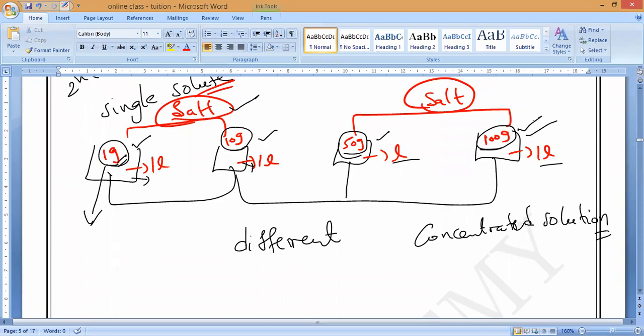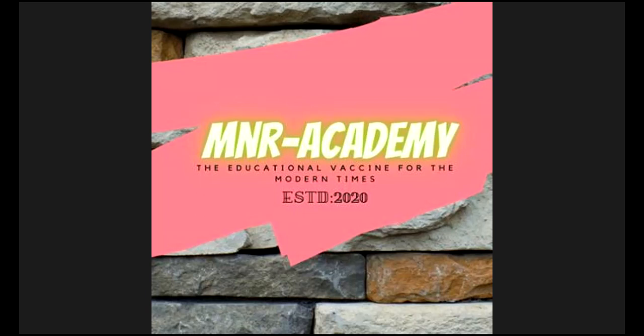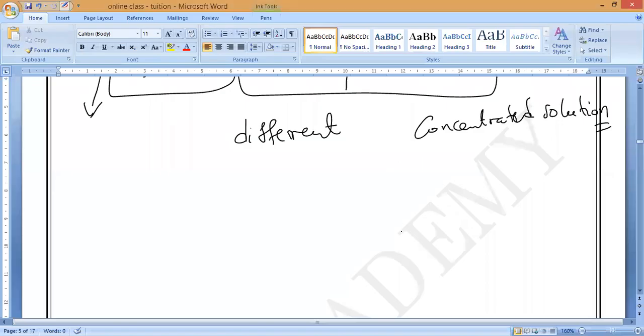By using a single solute, what can we do? By using a single solute, we can make different concentrations. Is it yes or no? We can make different kinds of concentrated solutions. So each solution has a different concentration.